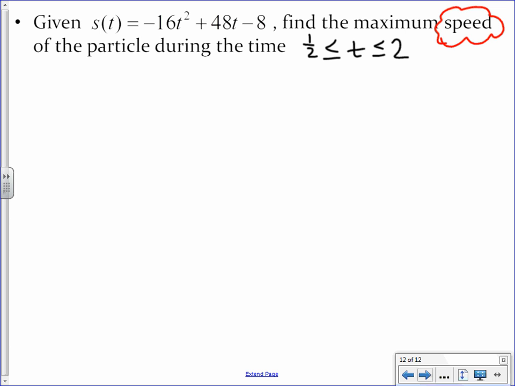Second derivative is good. Okay, if we want to maximize our speed, that means we're on the velocity equation, right? Which is what? Same thing. Oh, sorry. Negative 32t plus 48. I forgot that this was the same function. So then, if we want to maximize speed, we want the derivative of our velocity.